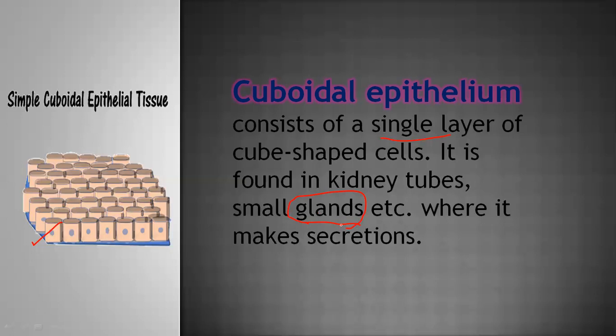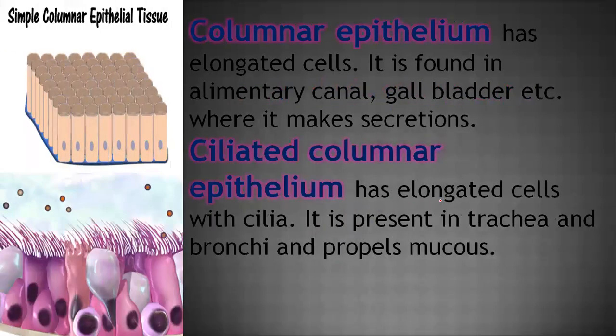So these glands secrete certain secretions, and these cuboidal cells are present there to release them. Secretions mean any type of fluid or chemical which is required in the body. They are also present in the kidney tubes, which release certain enzymes and secretions while making urine. So kidney tubes are also made up of these cuboidal epithelial tissues.